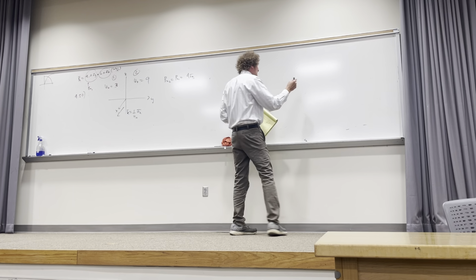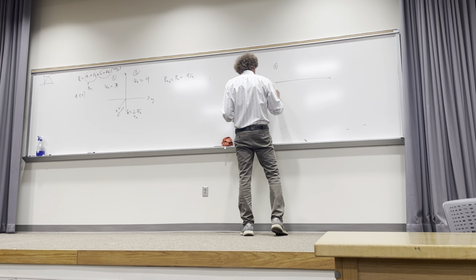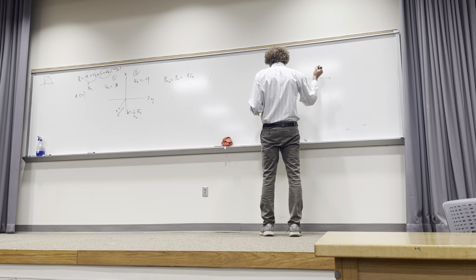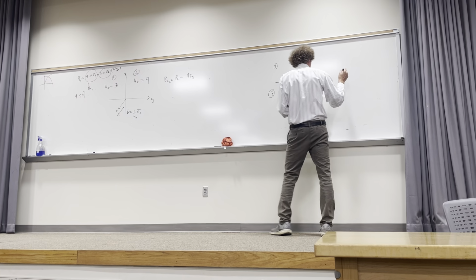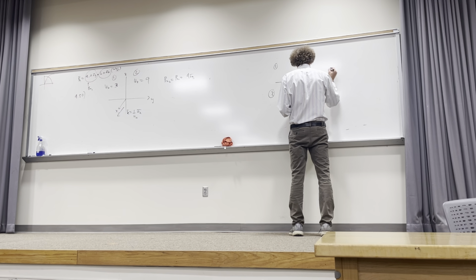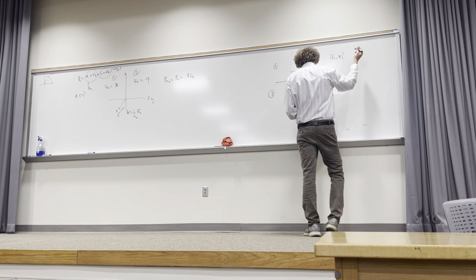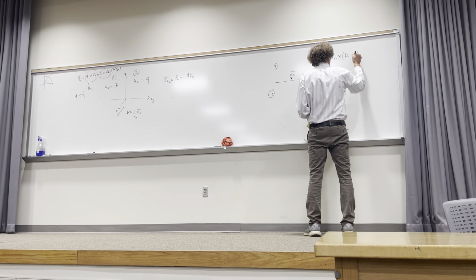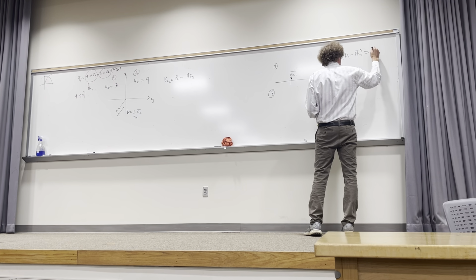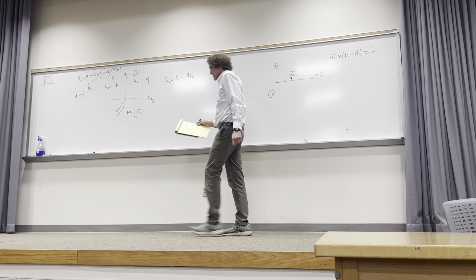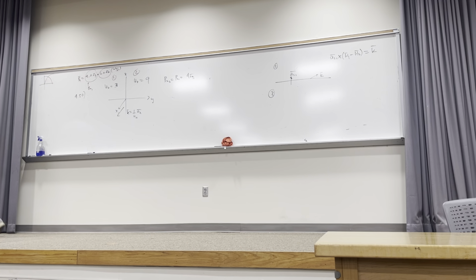If I have medium 1 and medium 2, and A21 is a unit vector that points from region 2 to region 1, and I have a surface current K at the interface, then A21 crossed into H1 minus H2 is equal to K. That's the formal law, but I told you already how to get that.